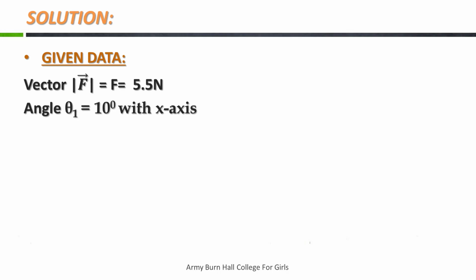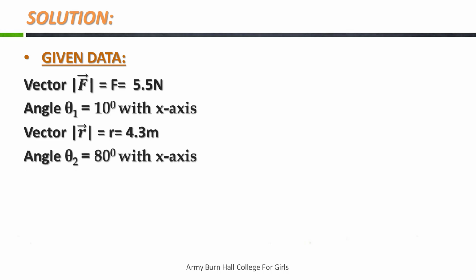It is making an angle of 10 degrees with x-axis, this is again given. Then vector r has a magnitude of 4.3 meters and angle theta 2 is 80 degrees with x-axis. Theta 1 is 10 degrees and theta 2 is 80 degrees. So what is the unknown value?